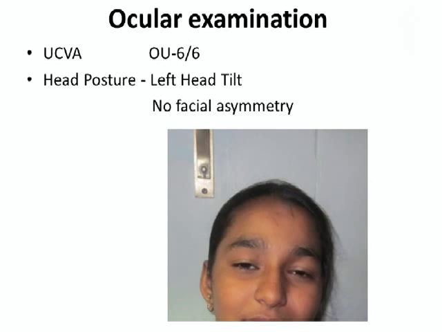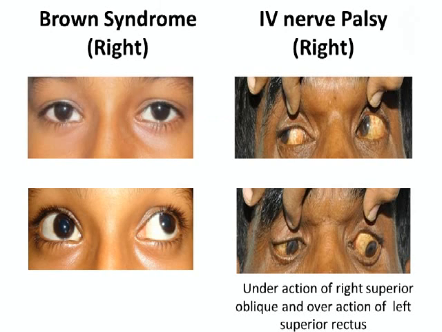This patient has got a left head tilt, and you can see here there is difficulty in elevation in the adducted position. Just to compare, I have put a fourth nerve palsy also. Here the patient will have difficulty in depression in the adducted position.